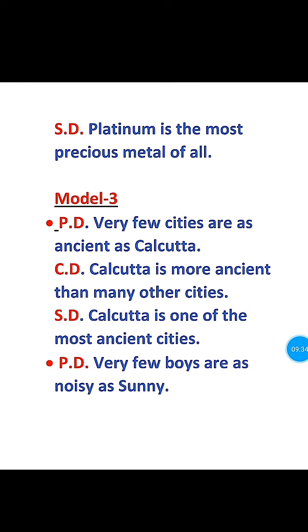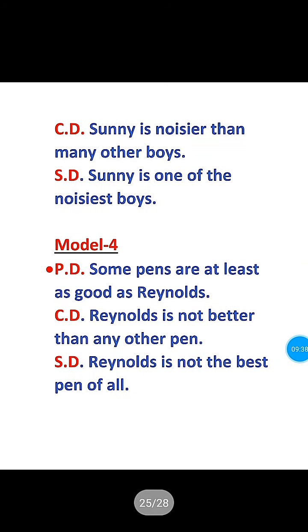Model 4. Some pens are at least as good as Reynolds. Reynolds is not better than any other pen. Reynolds is not the best pen of all. Here we have to observe in positive degree at least is there, and in comparative degree better than any other.